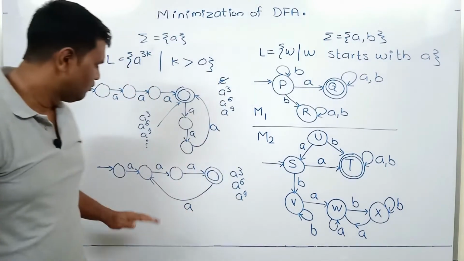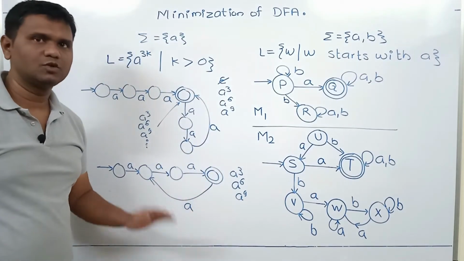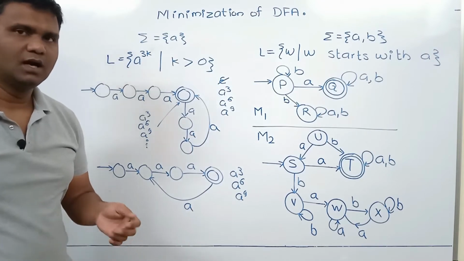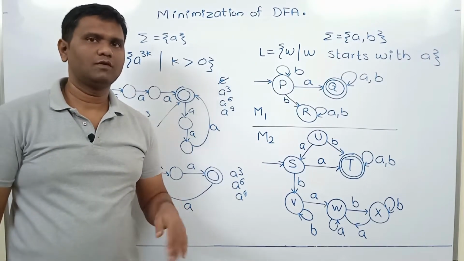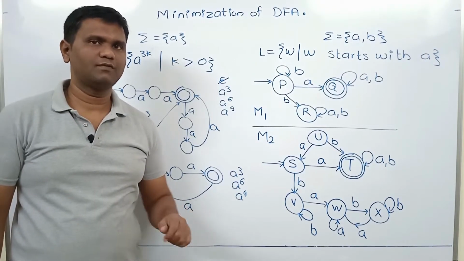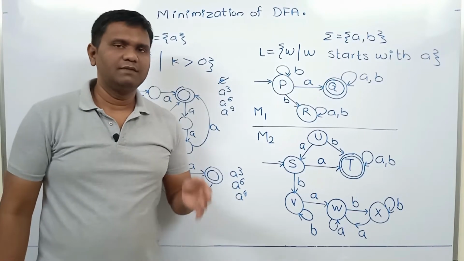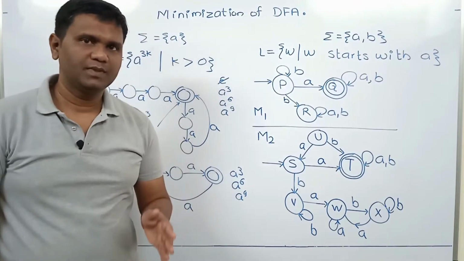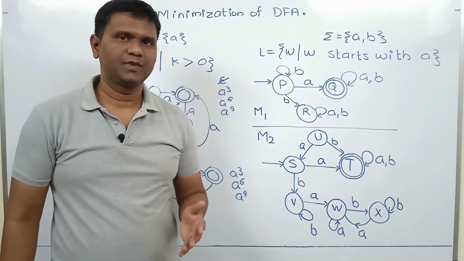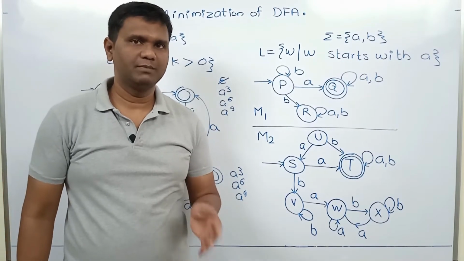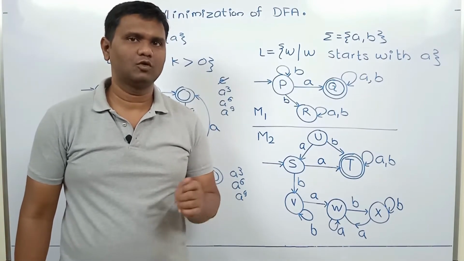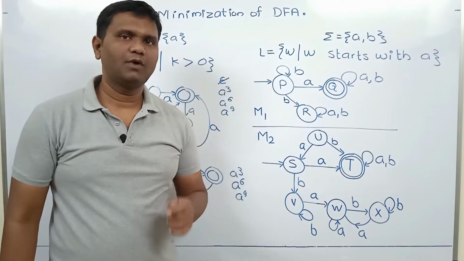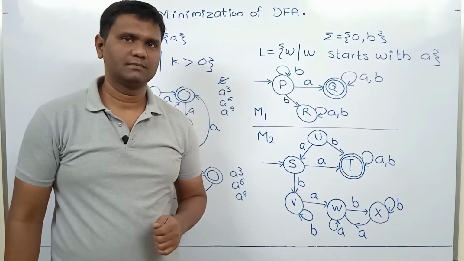Now if we use more number of states, it also means more number of transitions. For DFA, more number of states also implies more number of transitions. And if it is implemented in the software, it will take more storage. So we always should consider optimal solution, that is minimal automata. And that's why we require minimization of the DFA.